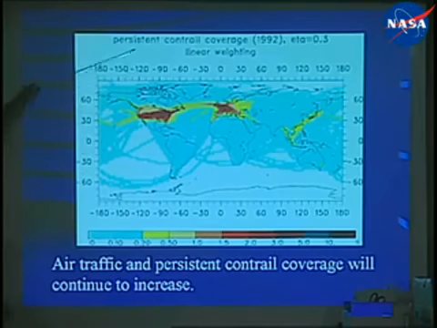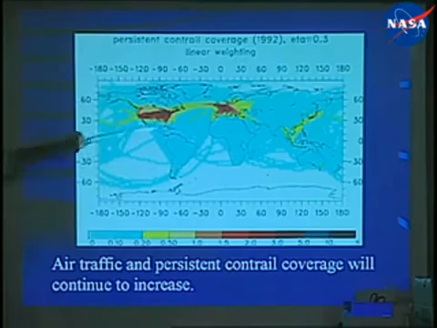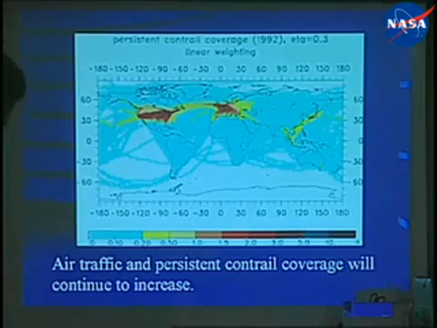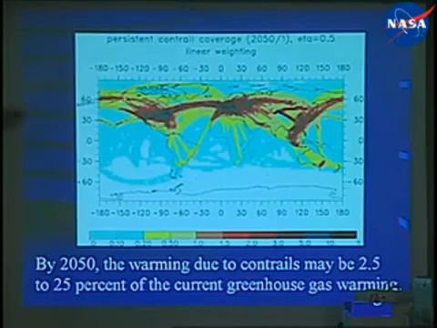So as you can see, in 1992, the highest traffic areas, where we get significant traffic, more than, say, a 1% coverage at all times, only occur over the United States and Europe. If we look 58 years in the future, to 2050, we estimate that this area will continue to increase, and these maximum areas will become even larger as well.